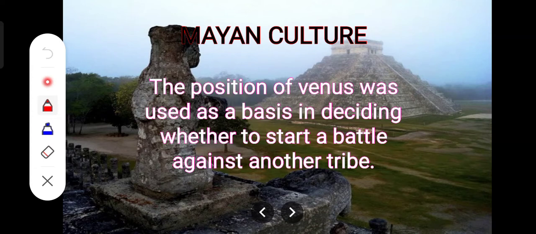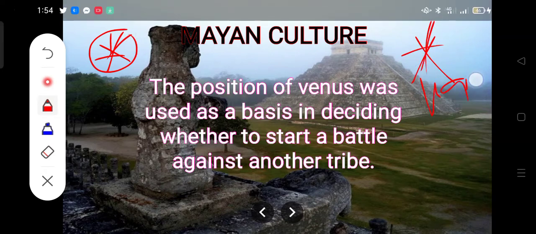So, the Venus will determine to start a war or not to start it. For example, if Venus is in this portion, there will be no war. If in this portion, let's go to war.